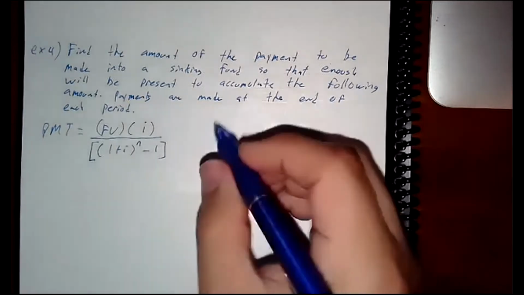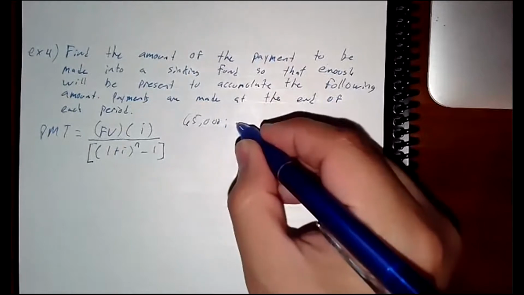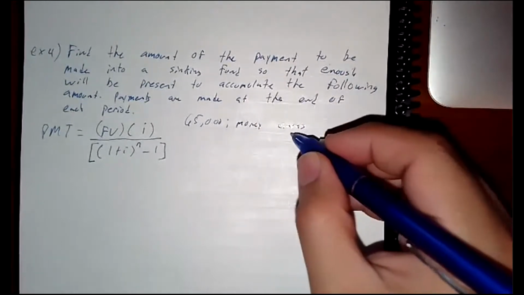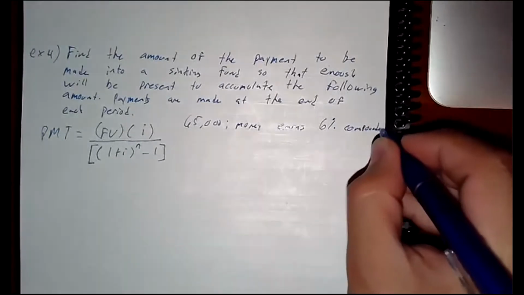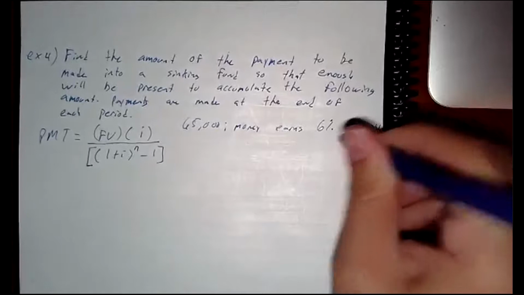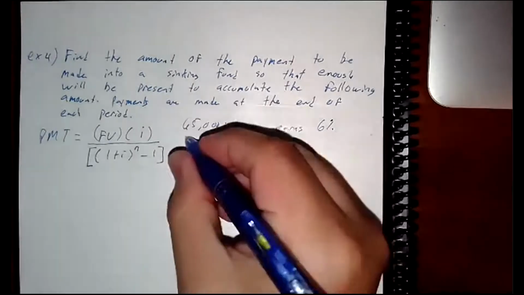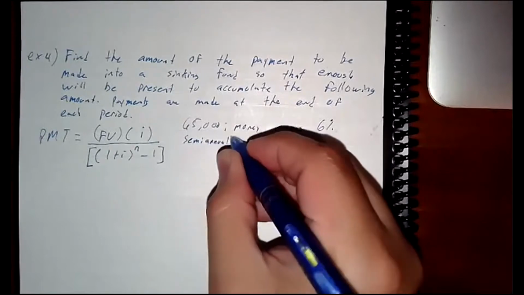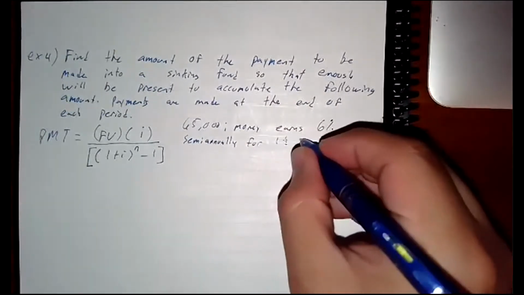They went ahead and gave you this. They said 65,000; money earns 6% compounded semiannually, for one and a half years.